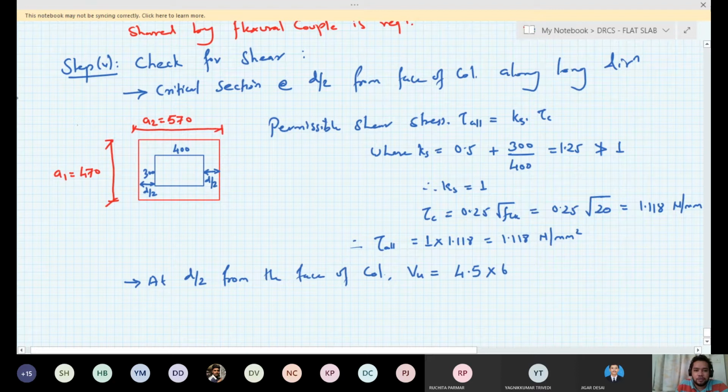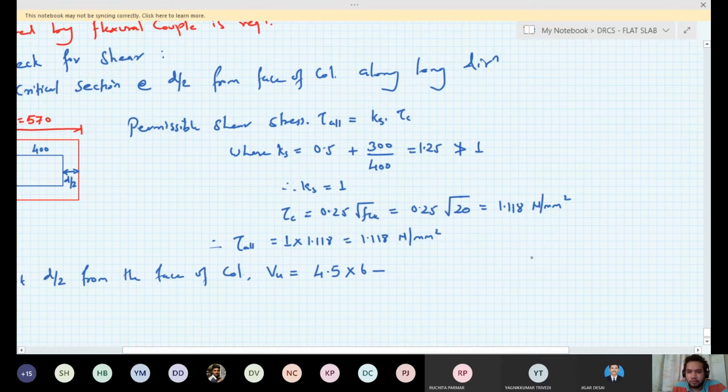So 4.5 by 6 meter panel width minus the width of the critical section, because we have to find, let us see.